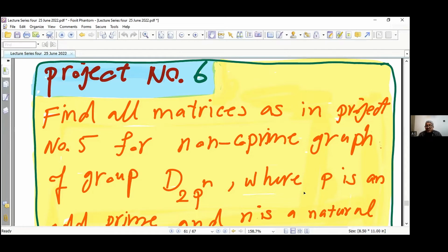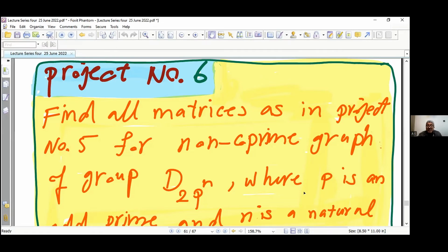You know, in the coprime graph, any 2 adjacent vertices must have coprime orders. Non-coprime means that they are not coprime, so they will have a common divisor other than one.